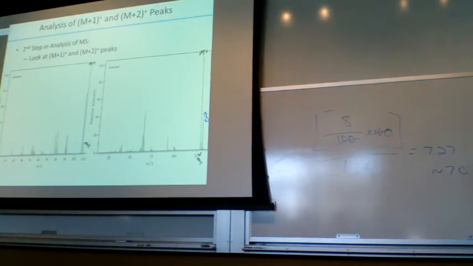I didn't actually do that one, so what would it be? 8.3, so remainder 4? Okay, so we would have C8H12 for our formula, but our M plus 1 peak says that we have 7, so we would adjust the formula to that.